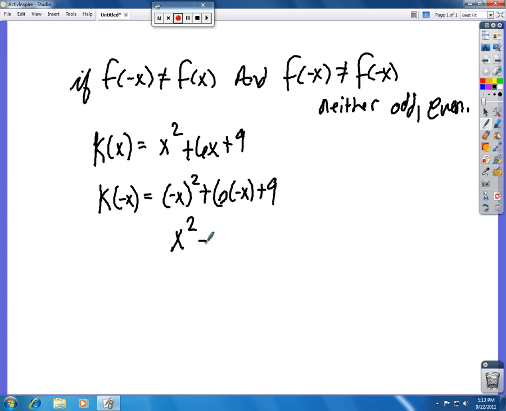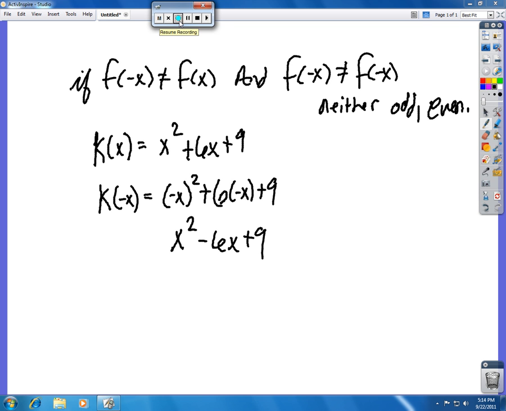The positive 6 multiplied by negative x is going to be negative 6x plus 9. So we can see this does not equal the k of x. So the k of negative x is not equal to the k of x. Therefore it's not going to be odd.